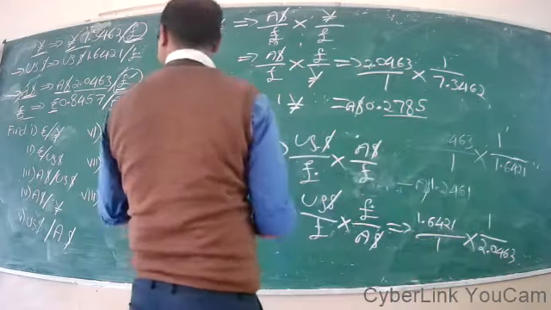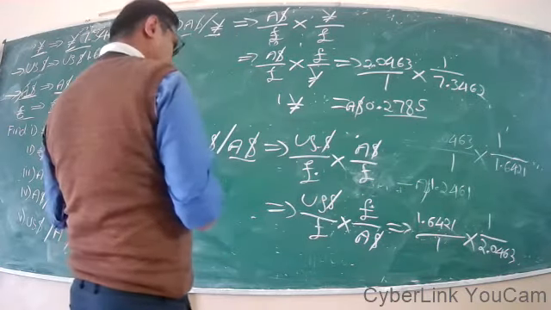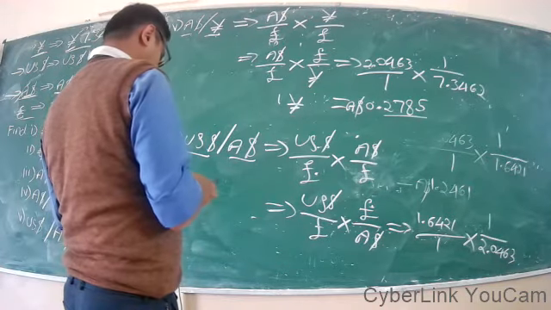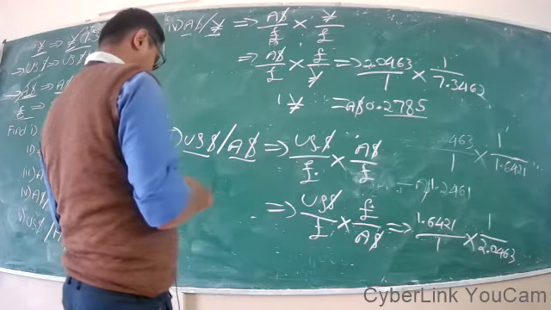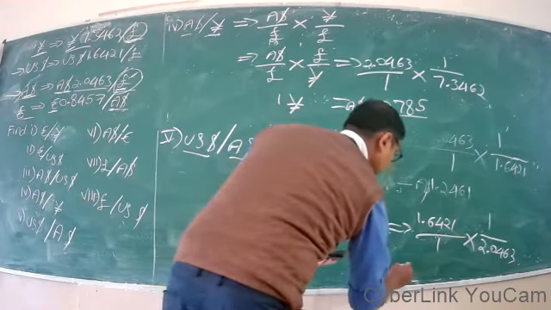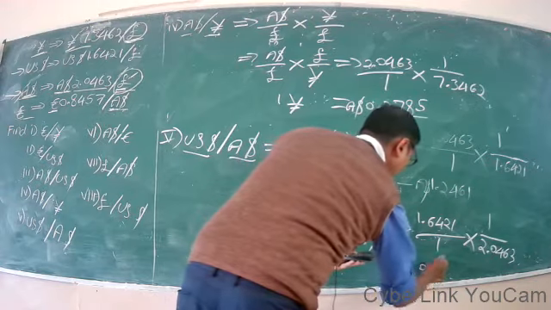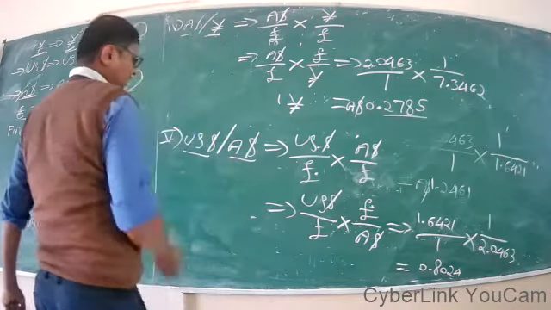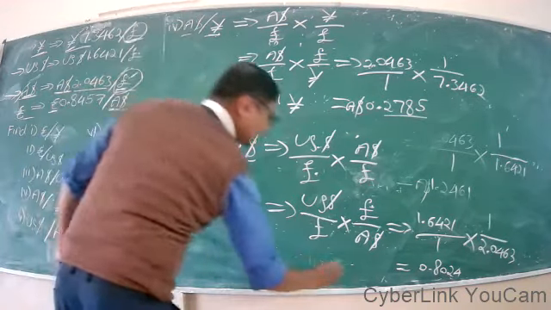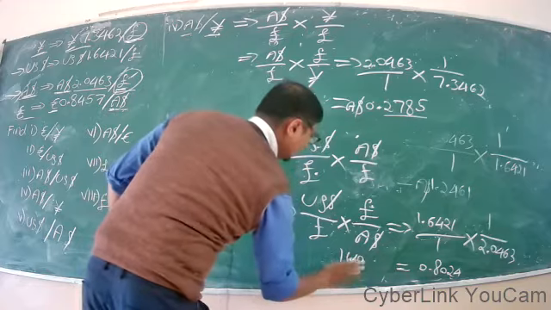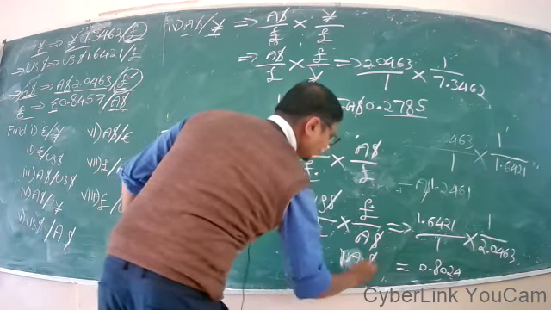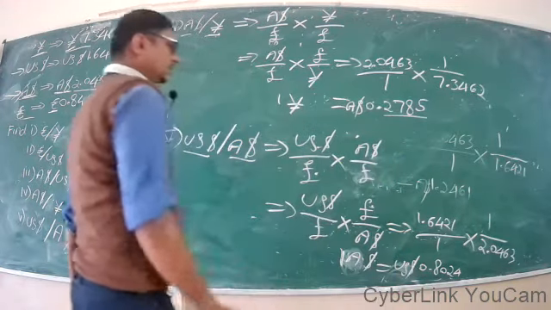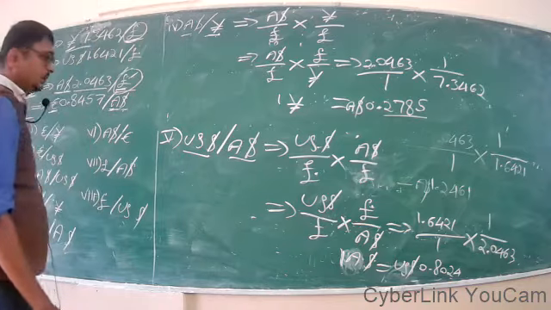That is 0.8024. The currency symbol required in the answer: they are asking US dollar per Australian dollar. One Australian dollar is equal to US dollar 0.8024. Right?